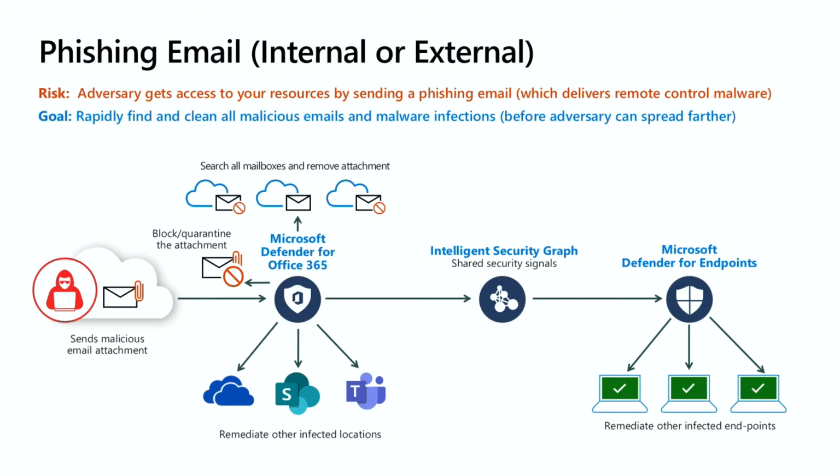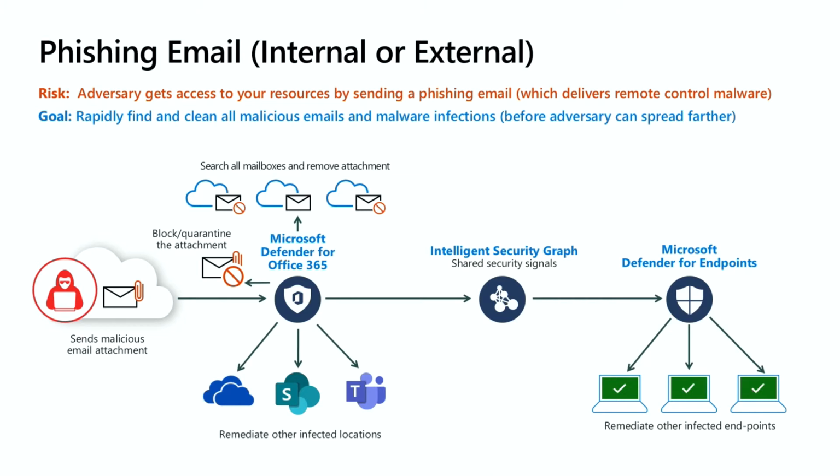Phishing attack vectors. So a very common phishing email comes in. This is Defender for Office 365. It might detect that threat through URL scanning or through zero-day attachment filtering. It would identify that threat and block it coming in, but then it's also going to look at where this threat came in before, and where maybe it was coming in benign but weaponized after the fact, and what mailboxes it was delivered to previously.